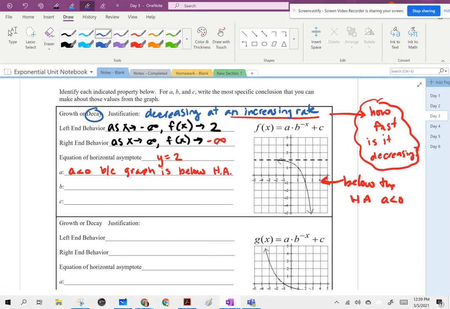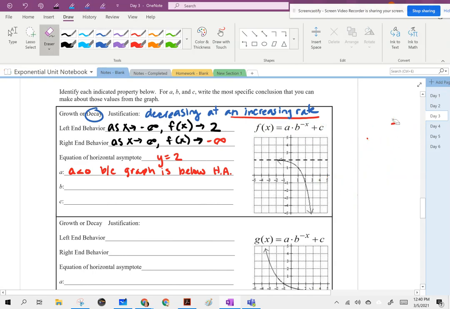The B value. Well, we have to think about how many reflections we have. The fact that A is negative, and this is where you have to pay attention, this given form already indicates a y-axis reflection. Remember, if it's decay, your B value is between 0 and 1.